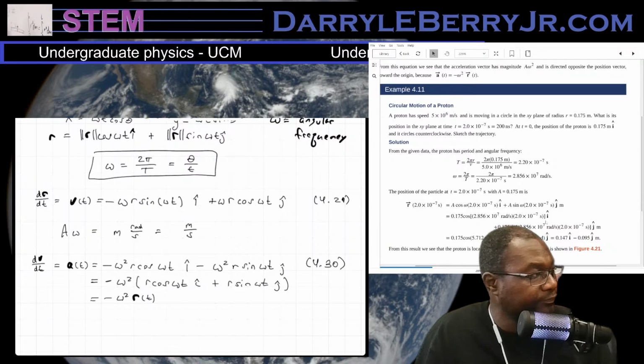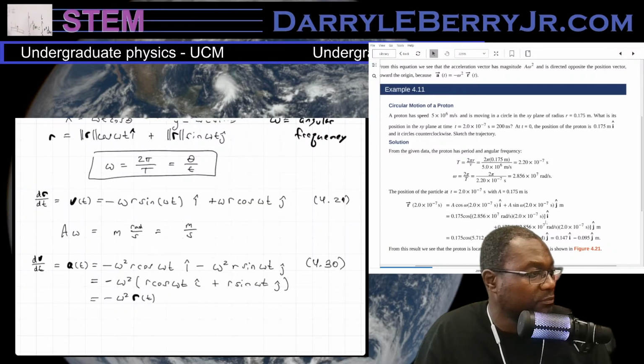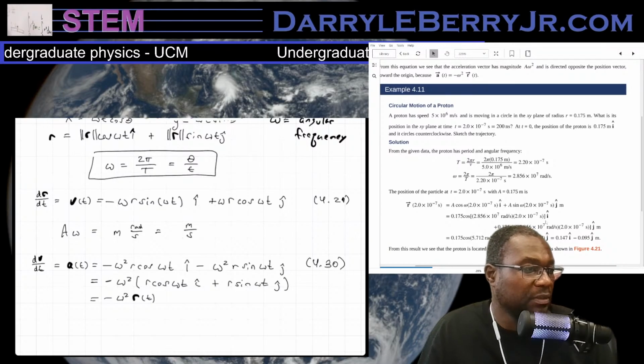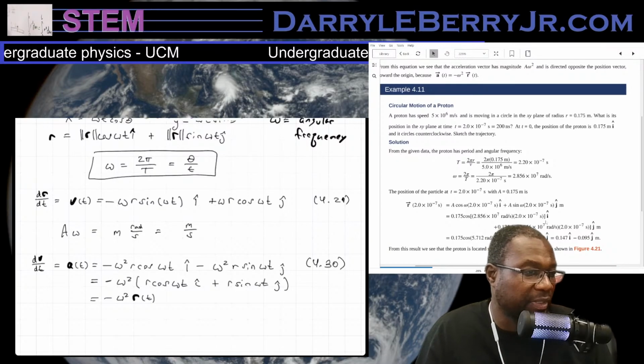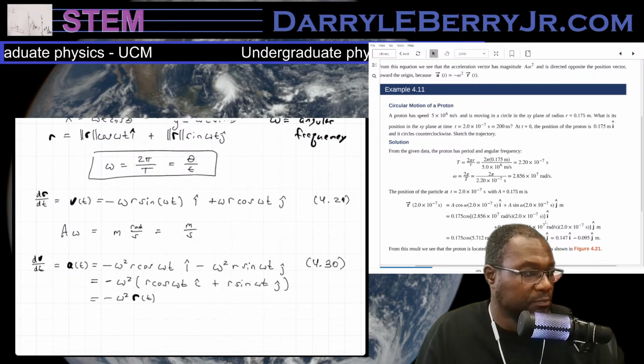So what is that? 5 million meters per second? Believe so. And it is moving in a circle in the XY plane of radius 0.175 meters. What is the position in the XY plane at time t equals 2 times 10 to the negative 7 seconds, or 200 nanoseconds?